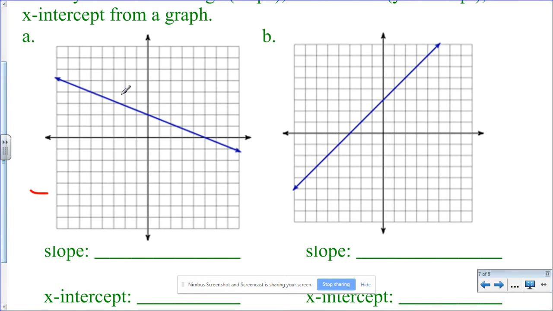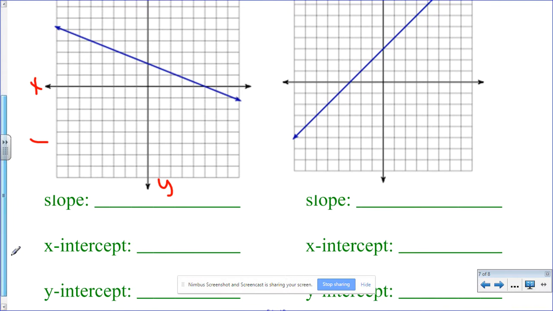Okay, let's go through this. We have x and y. So my x-intercept is right here. We are at 1, 2, 3, 4, 5. So my x-intercept is at (5, 0) this time. And my y-intercept is up 2.